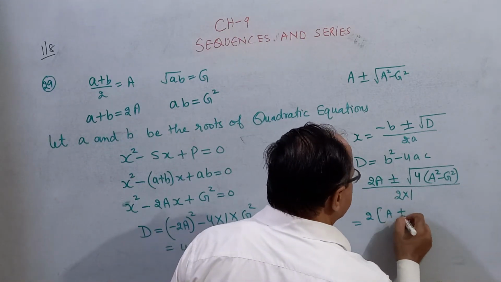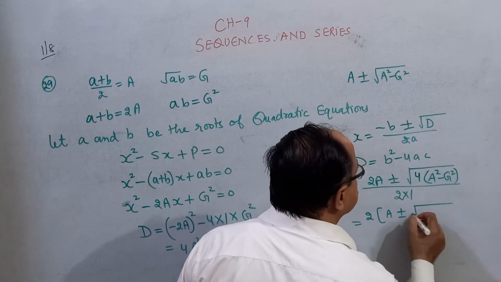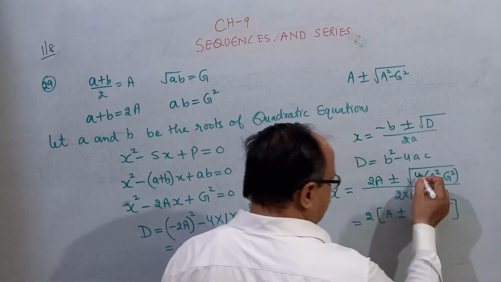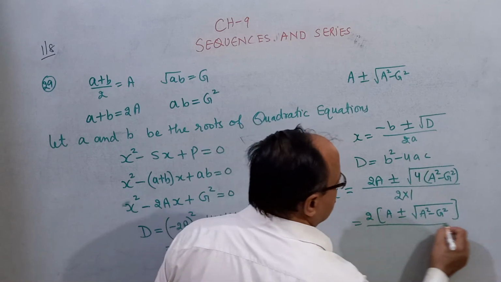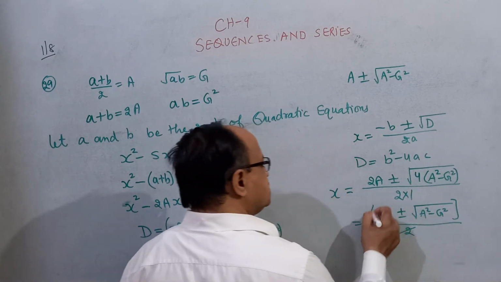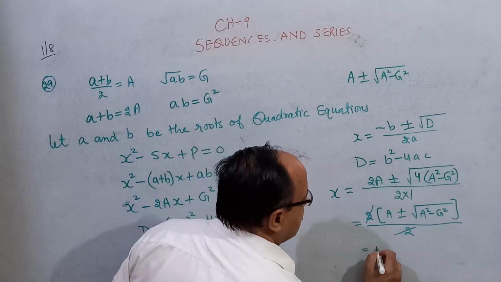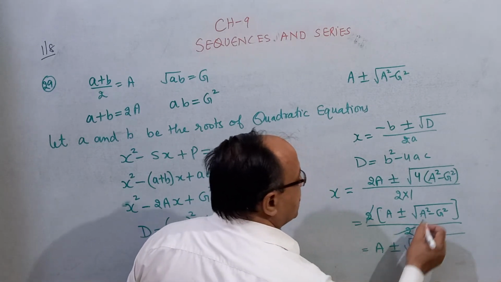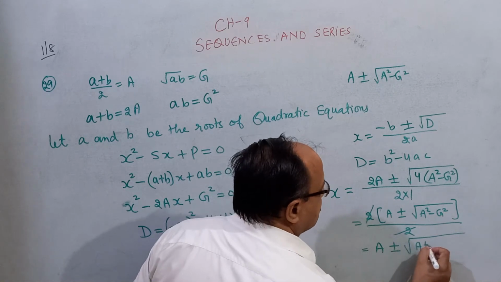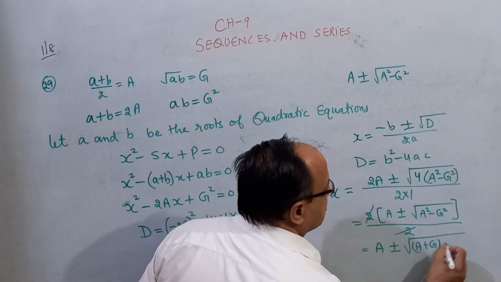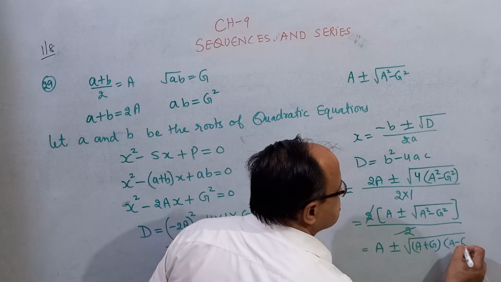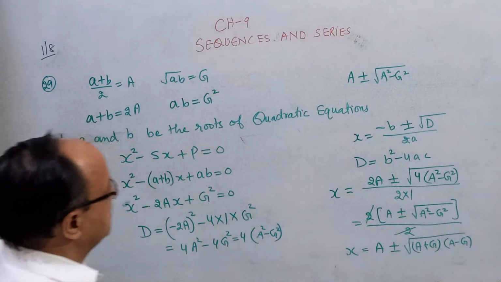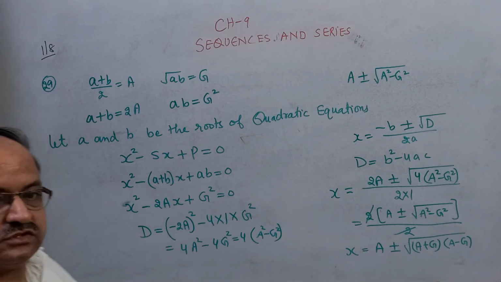That is A plus minus root of A square minus G square; root 4 means 2, and this is cancelled. A plus minus, and you can apply the identity: A plus G and A minus G. This is the answer of this question. Clear?